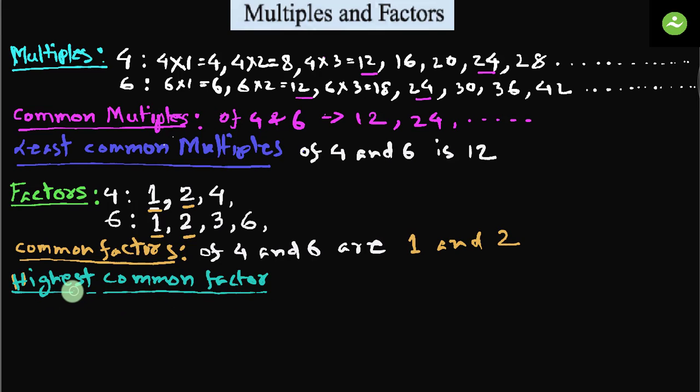We understand highest. Highest means the largest. And common factor, we have already learned what the common factors are. So which is the highest common factor of 4 and 6?